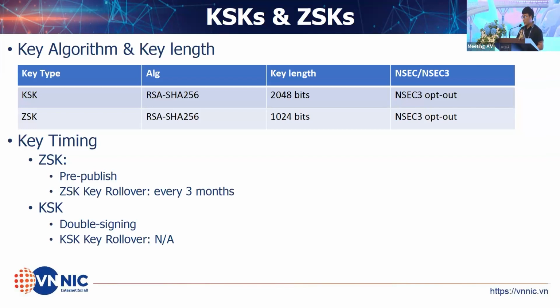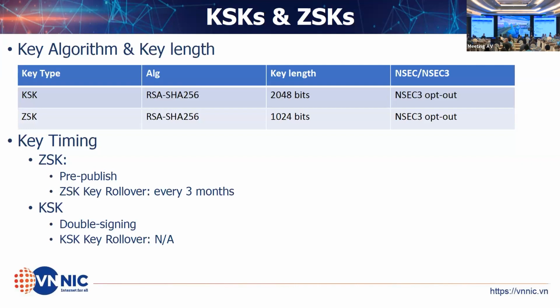For the key timing, we use the pre-publish method to roll over the ZSK. We roll the ZSK every 3 months, and we generate all the keys for the rollover in a year.